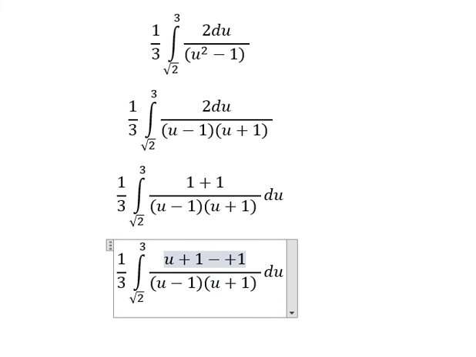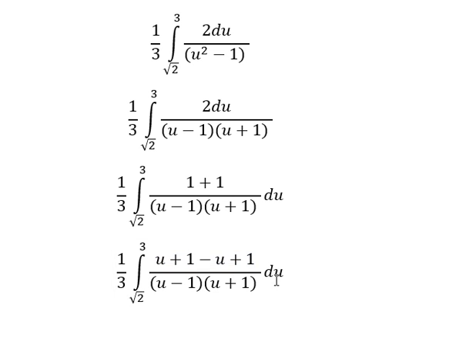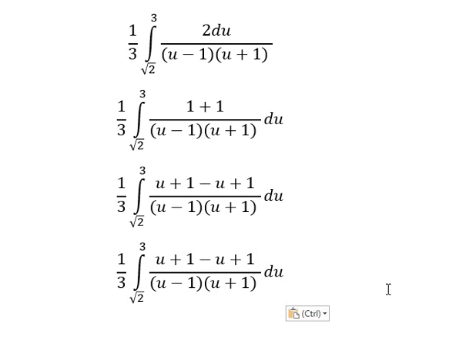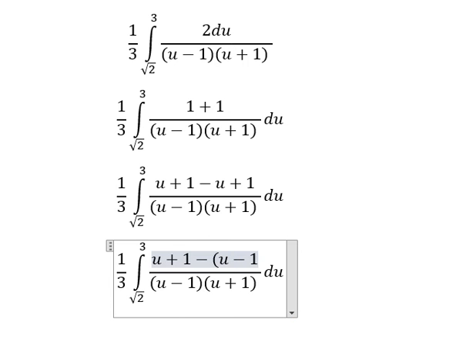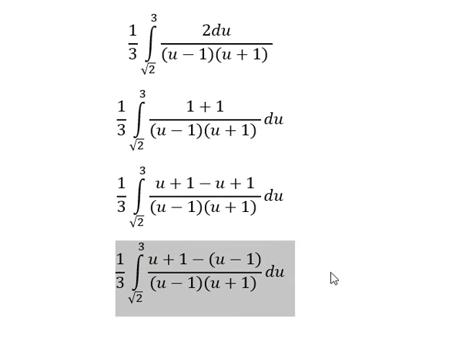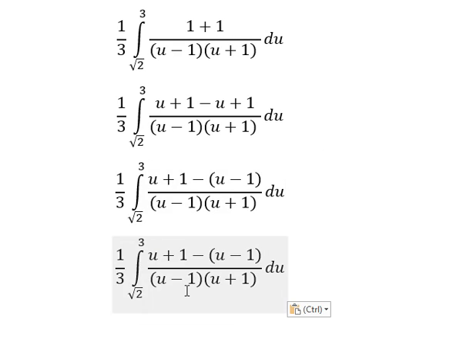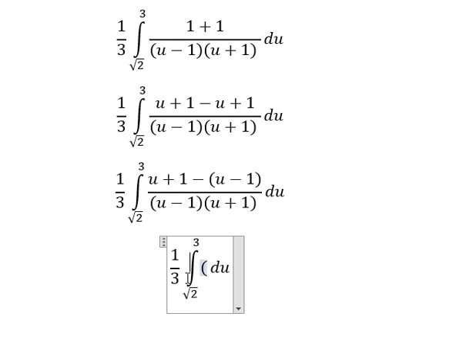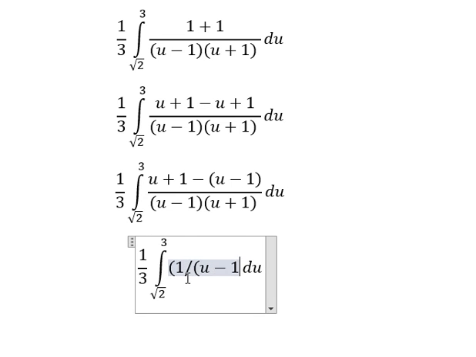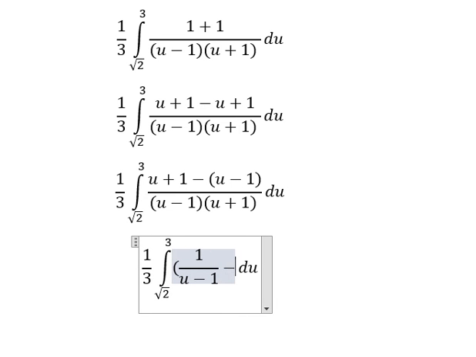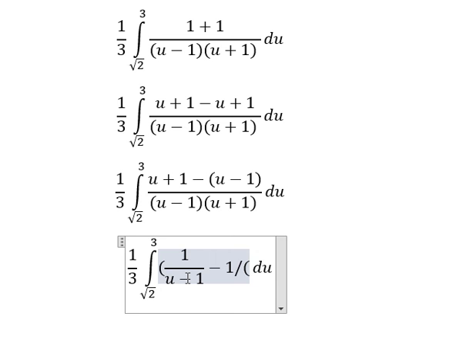Later we need to subtract u. This one is u minus 1. So u plus 1 divided by u plus 1, u minus 1 divided by u minus 1, and now we have 1 over u minus 1 plus minus 1 over u plus 1.